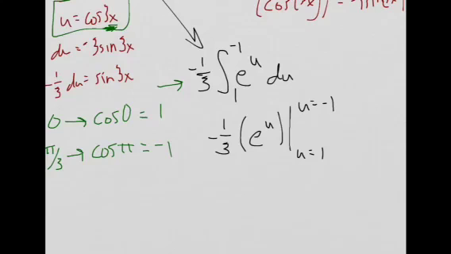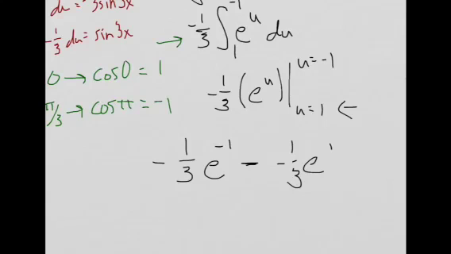So I will do this one first. Maybe I'll write it all out. It's negative one-third e to the negative 1, minus, so I subtract my two different parts, negative one-third e to this guy, a positive 1.